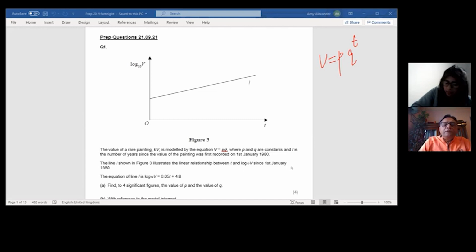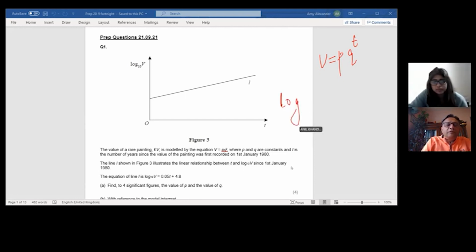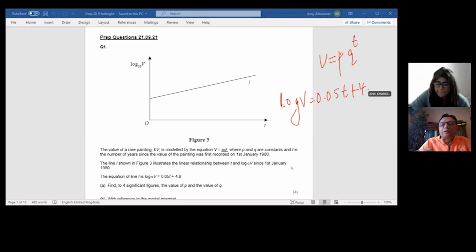So we are given that the line L illustrates the equation log of V, where the base is 10 by default, equals 0.05 T plus 4.8. So at T equals 0, the value is 4.8.